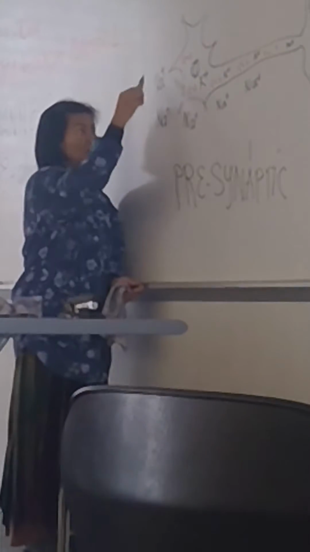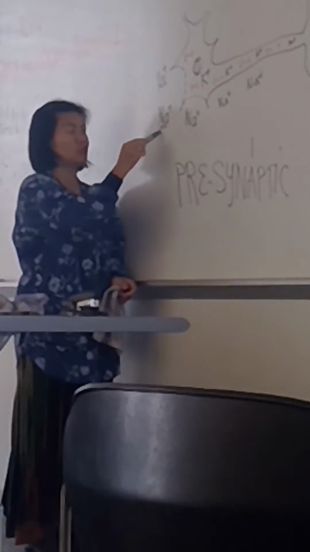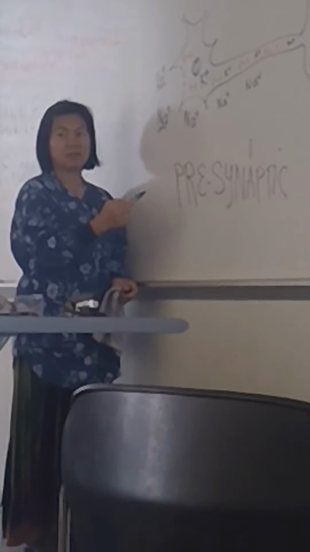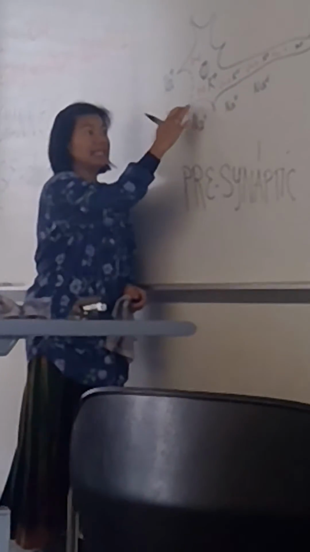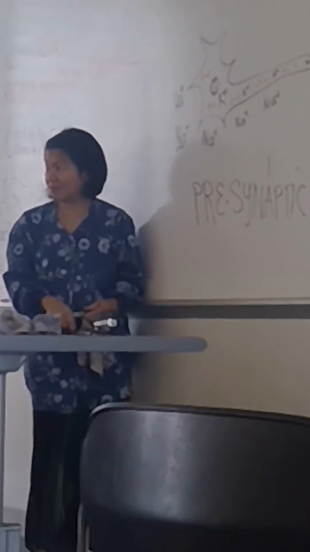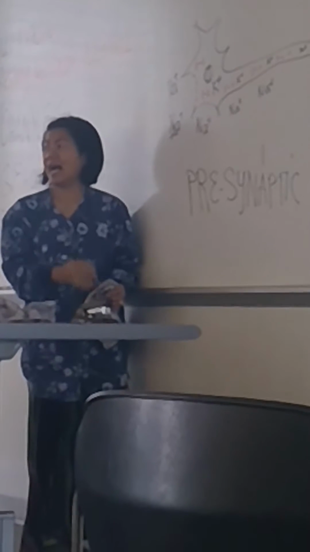If they're concentrated outside, out to in. Sodium is going to go toward the negative inside, and potassium is going to come out, because the gates are always open. They're just free to diffuse down their concentration gradient.